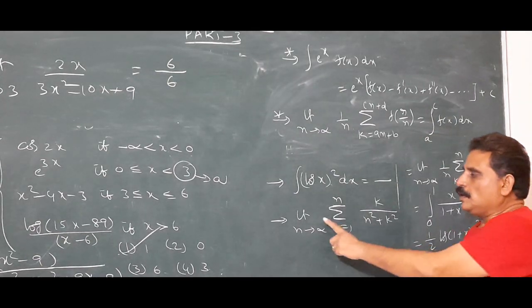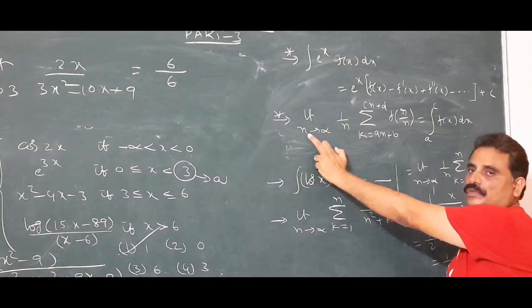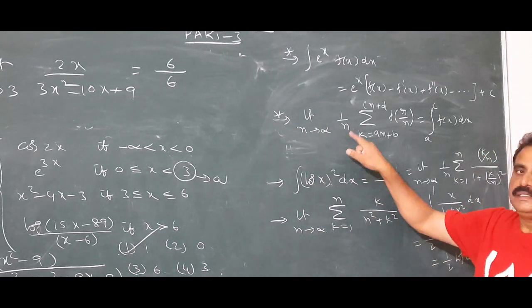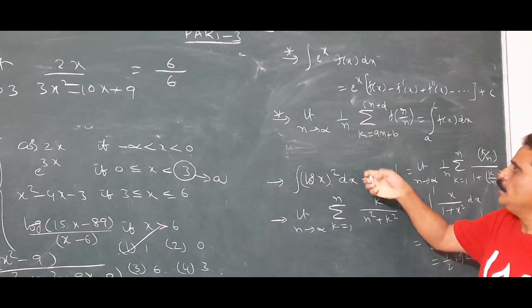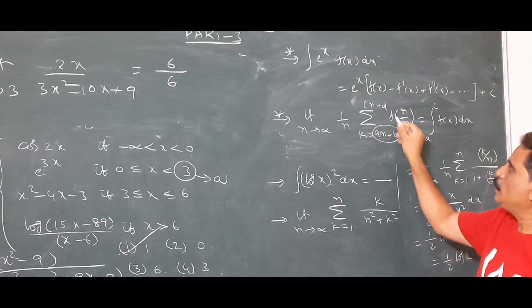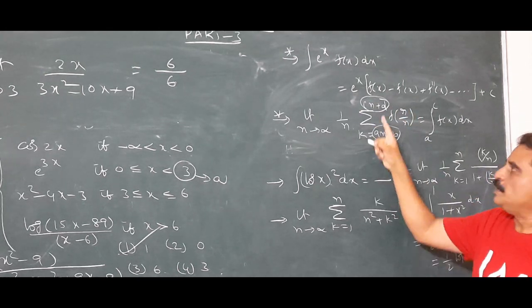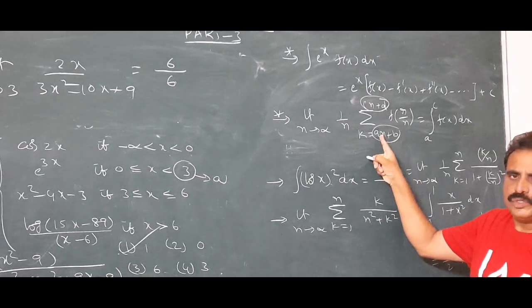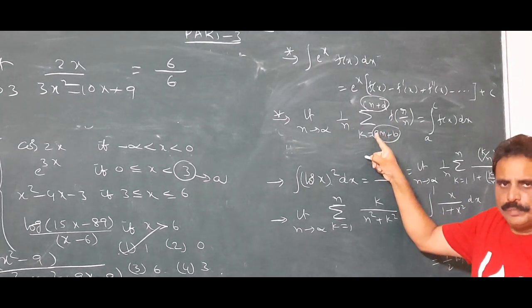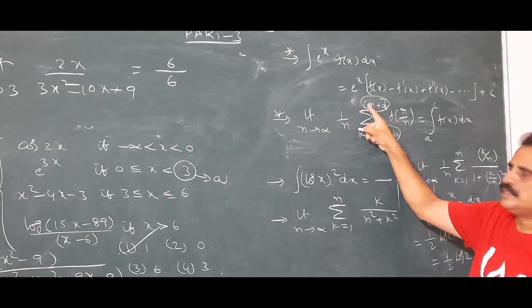Problem: limit n tends to infinity of 1/n sigma, k = an + b to cn + d. Lower limit is an + b. Sometimes there is no n, that means a is 0. Upper limit n coefficient c.